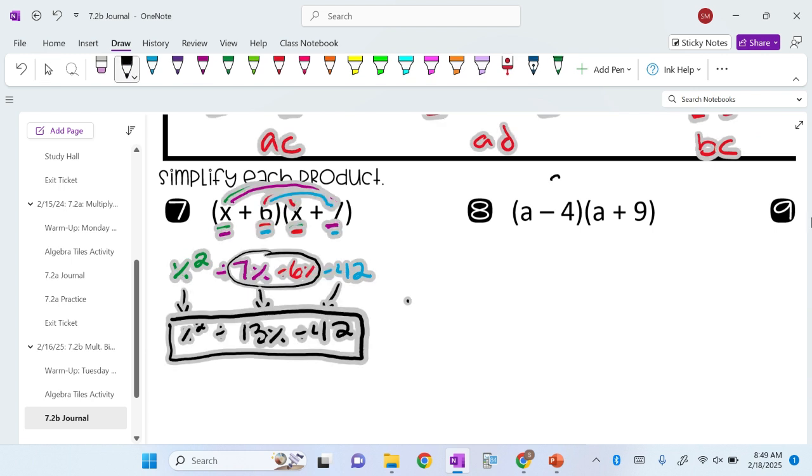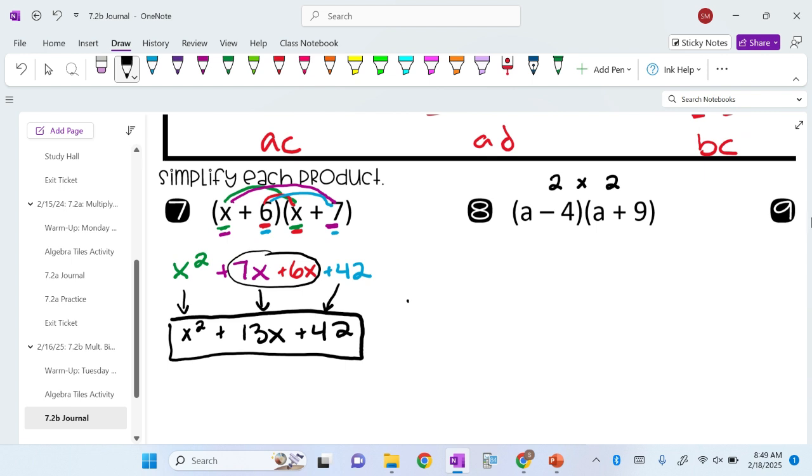So when you draw your box, that means it should have 2 rows, 2 columns. All right. So you should have 4 little boxes in the middle.